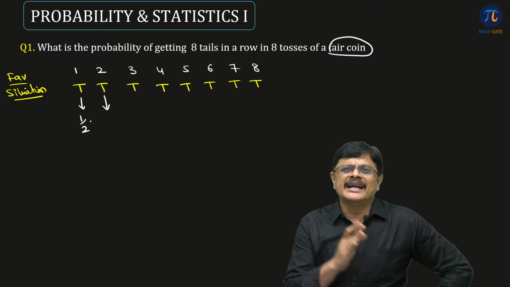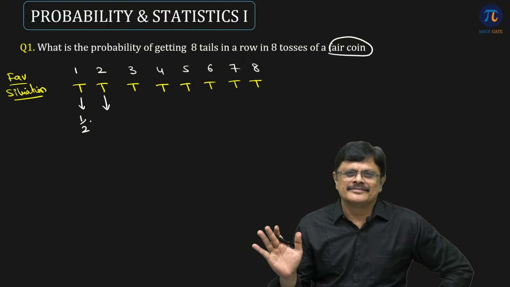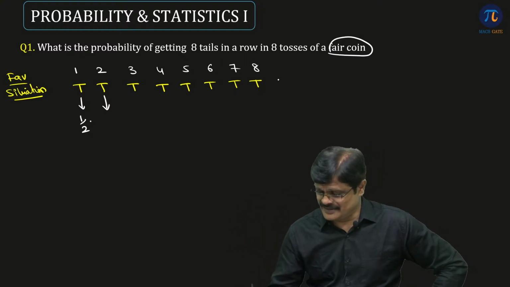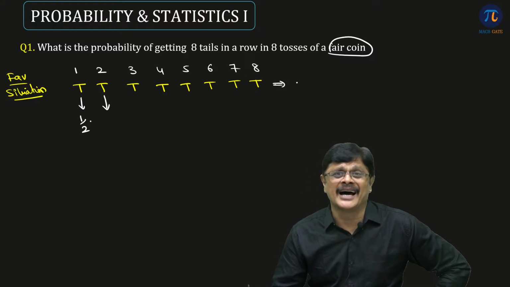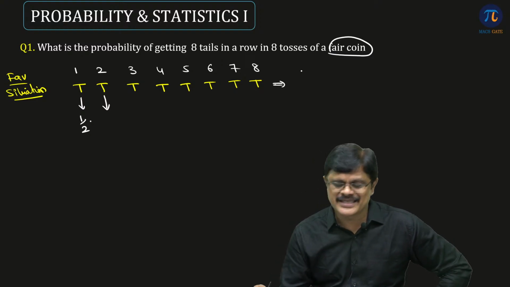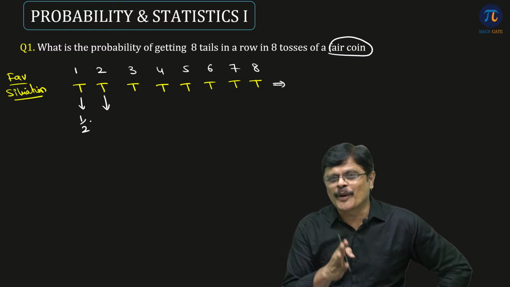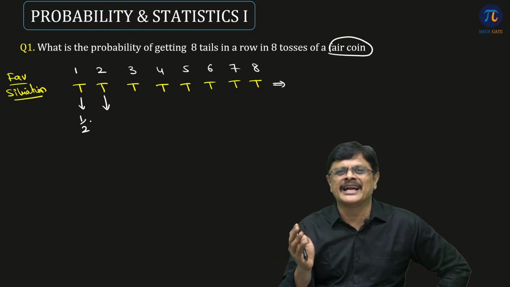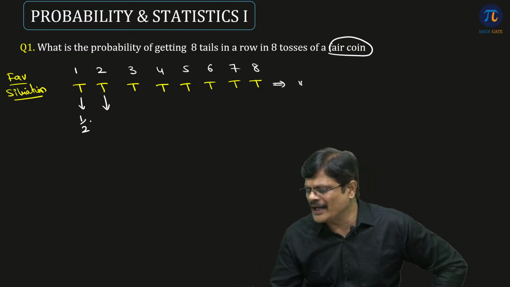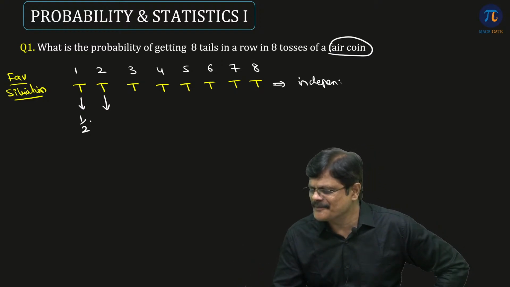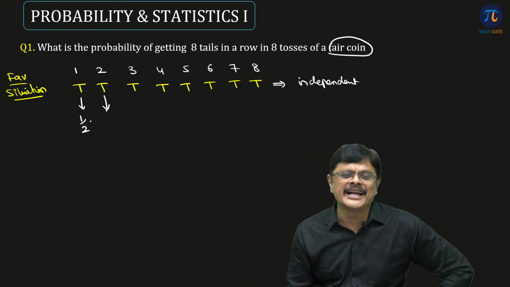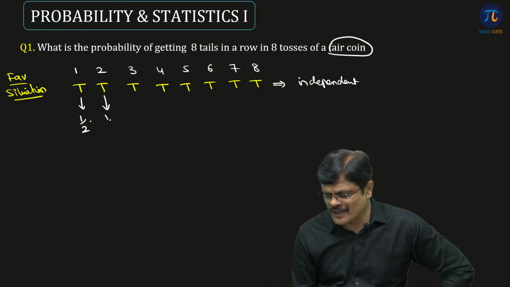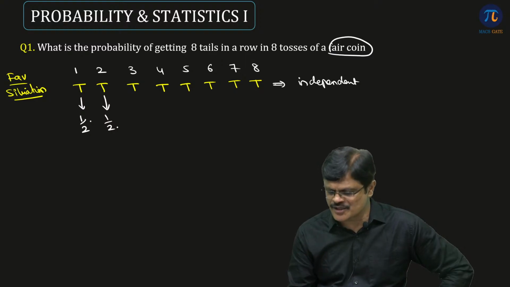All these tosses are independent. So probability of getting head or tail in one toss is independent of probability of getting head or tail in another toss. So they are all independent events. So probability of getting tail in the second toss is not affected by tail in the first toss. So what is probability of getting tail in the second toss? It is also 1 by 2.